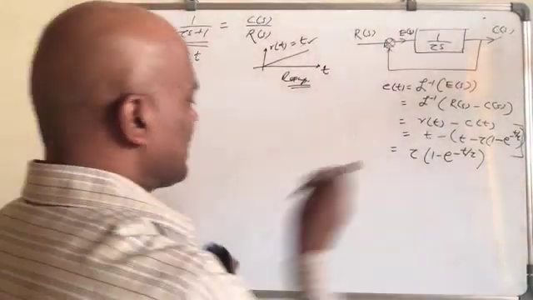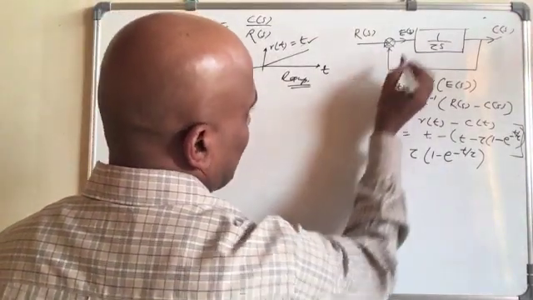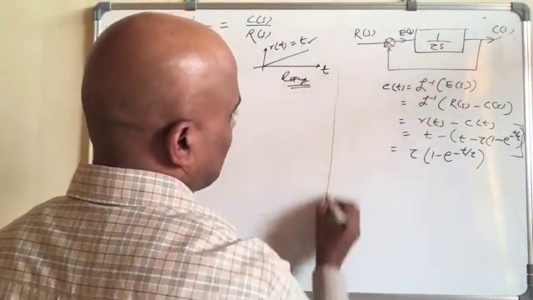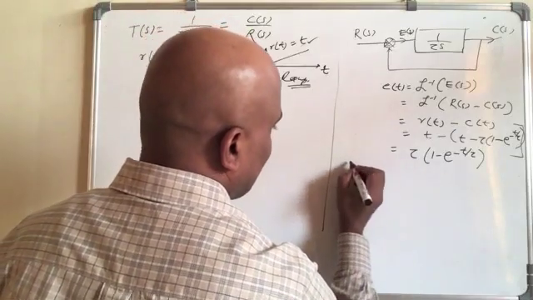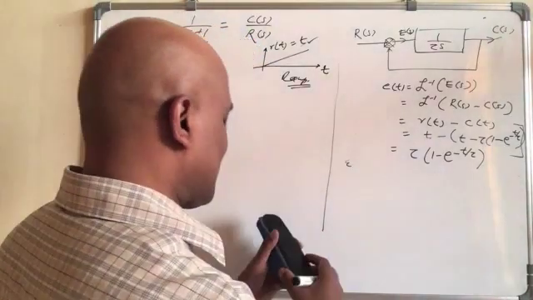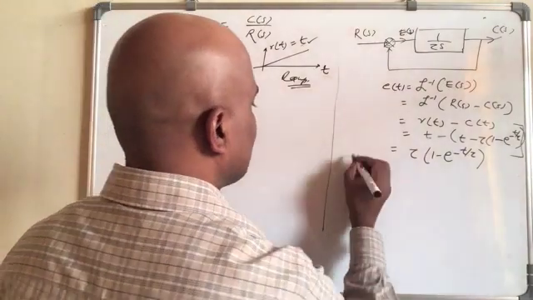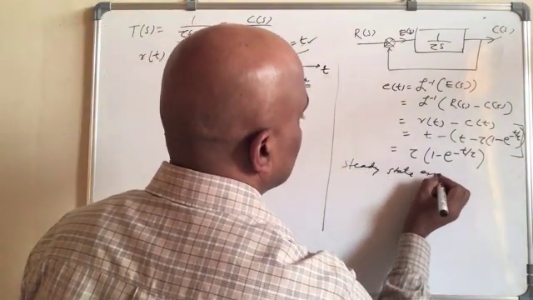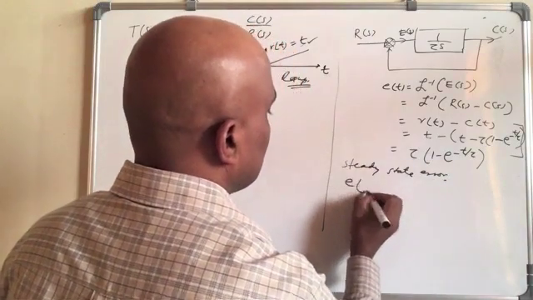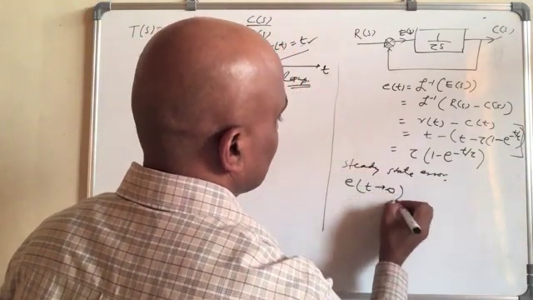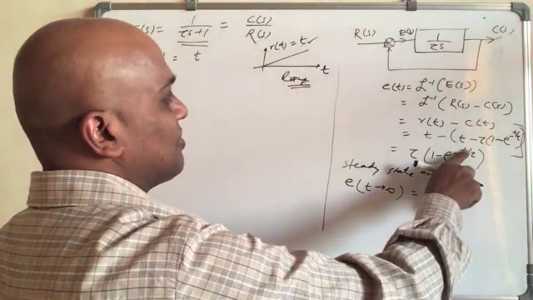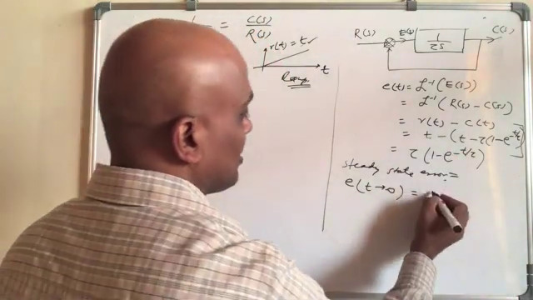So this tells you the error as a function of time. When you say steady state error, the steady state error is e(t) as t tends to infinity. As t tends to infinity, this part becomes 0, so it equals tau.